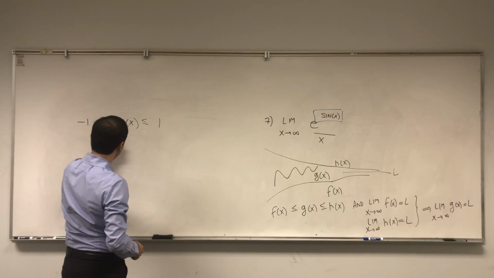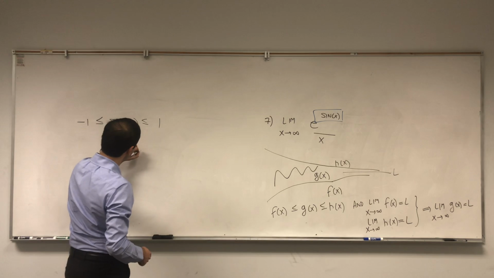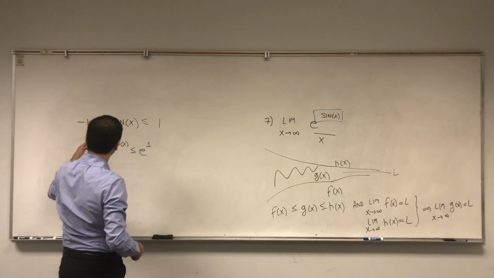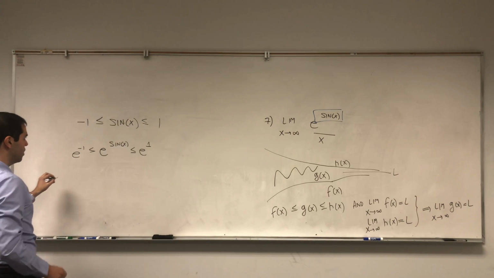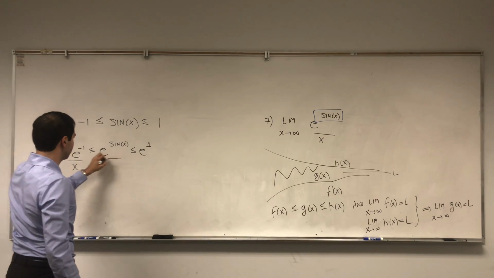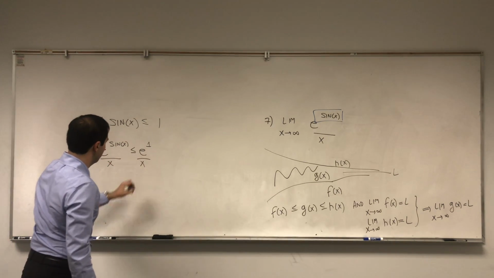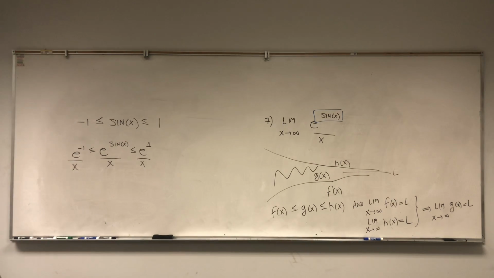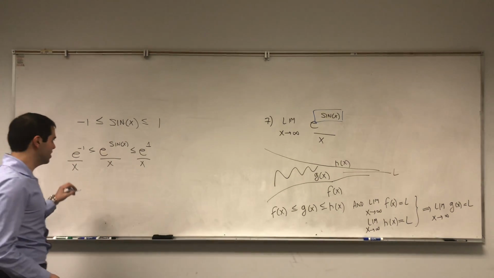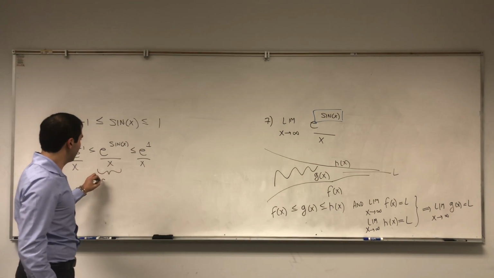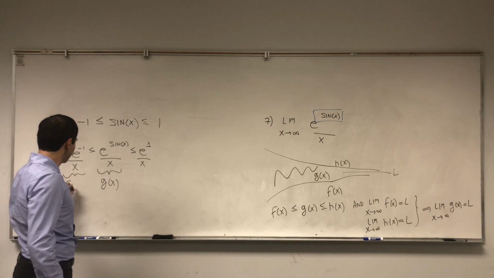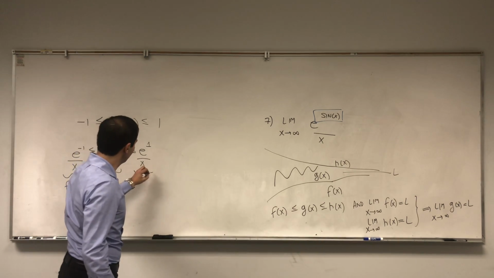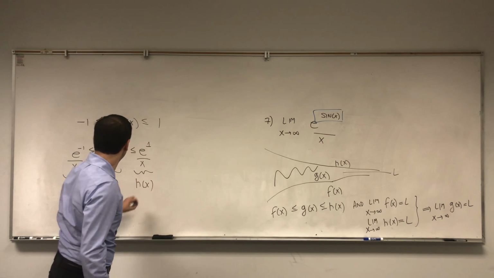So e to the sine of that is between e to the 1 and e to the -1. And then you just divide by x. And lo and behold, you get your function. So this, if you want, is your function g of x. This will be your function f of x. And this is your function h of x.